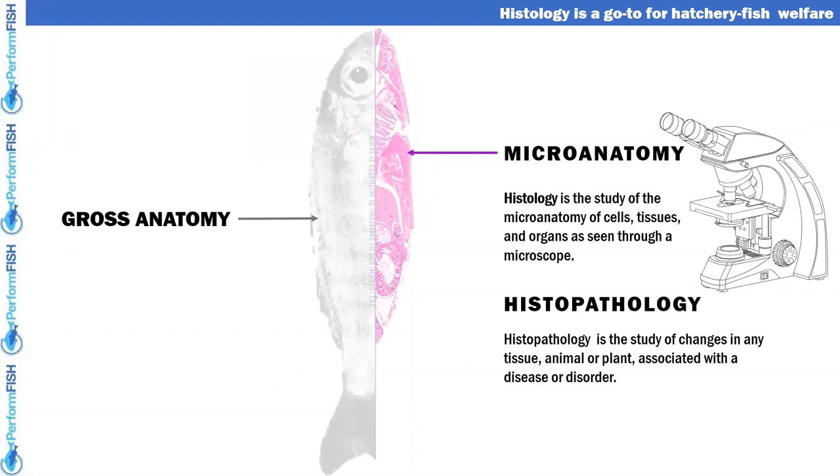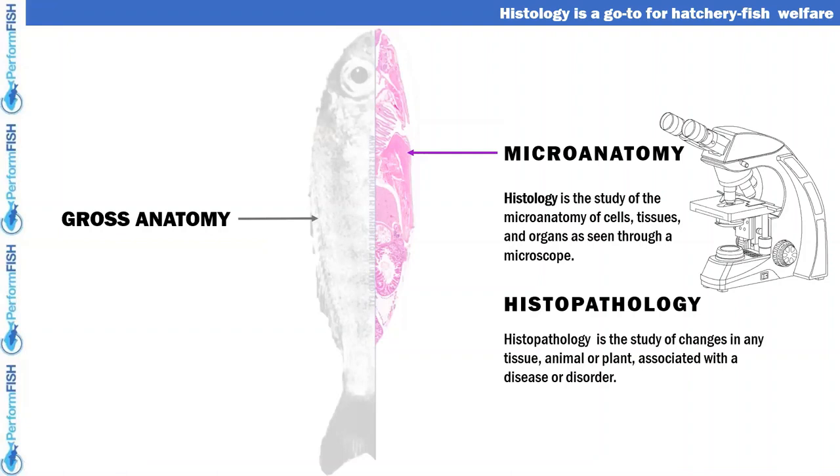Histology is a branch of biology which studies the normal microscopic anatomy of cell, tissue, and organ, looking at structures visible only with a microscope. And this is the counterpart of the gross anatomy, that is the study of anatomy at the visible or macroscopic level.